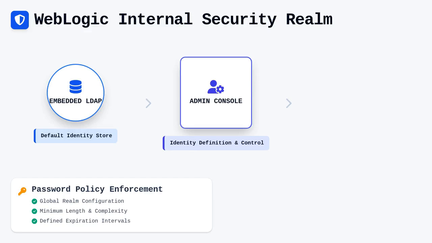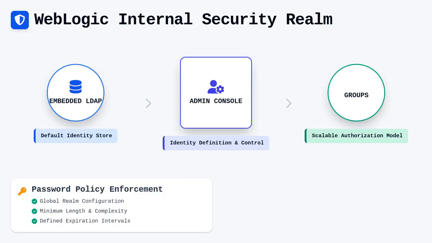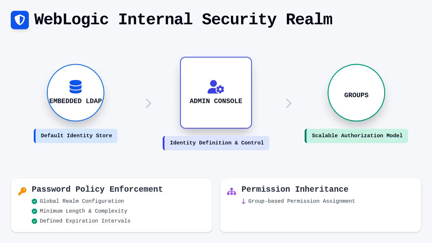Once an account is created, it is not particularly useful in isolation, so we assign these users to specific groups to simplify authorization. By grouping users, we can assign permissions to the group itself, which naturally inherits down to every member, creating a scalable management model. This is the cornerstone of effective security administration, allowing you to reflect organizational structures within your middleware configuration.